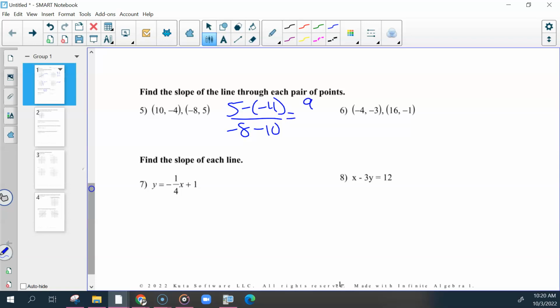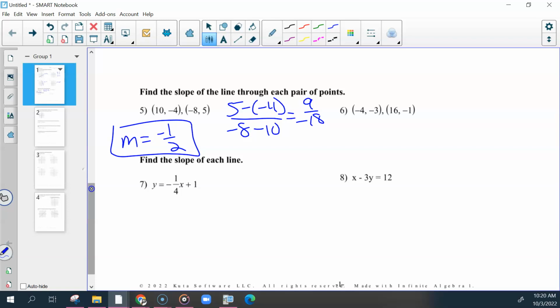But here we should have had a 9/-18 or -9/18, depending on how you wrote that, which would have simplified to -1/2. Some of you got -2, so that was switching your x and y's.